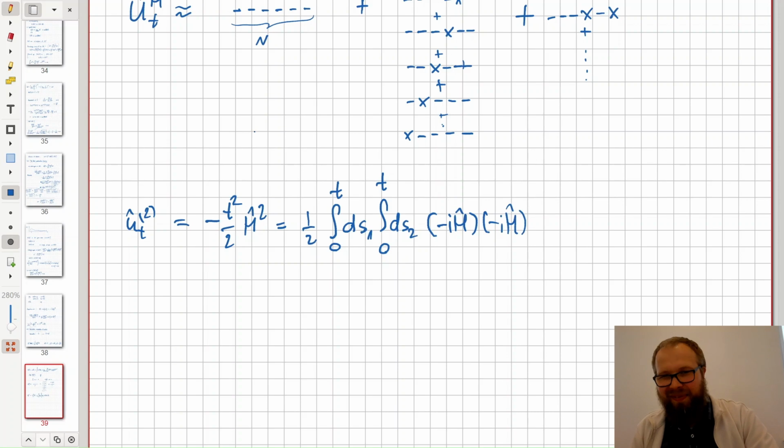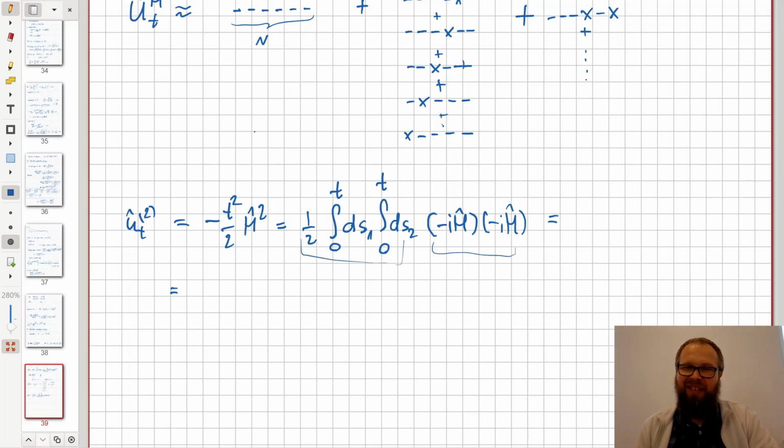But if you know something about time ordering and integrals of time, you see such a thing here, this is something that does not depend on time actually. You can order this integral, ds2 ds1.